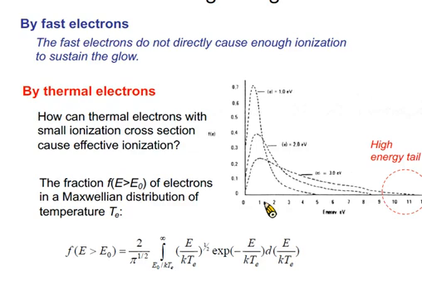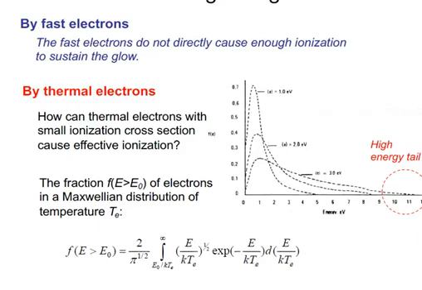Okay, so when we look at this energy distribution curve, we'd like to know the ratio of the high energy tail, because these electrons have energy higher than the ionization energy of the gas atom. So they can undergo electron impact ionization.